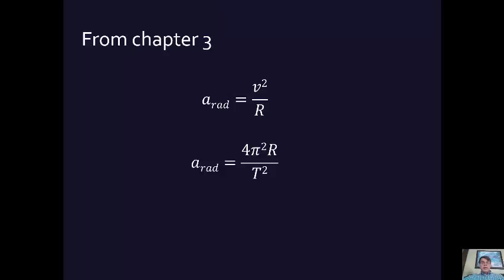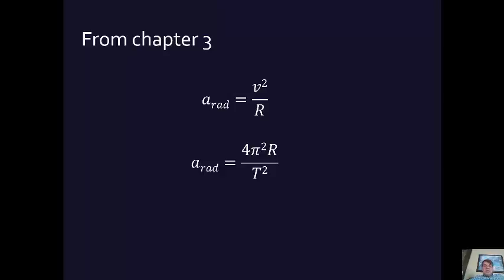So radial acceleration is the acceleration toward the center of a circle. If you're swinging a rock around, there is a constant acceleration toward the center of that circle that in Chapter 3 we discovered was equal to the velocity squared divided by the radius of that circle.